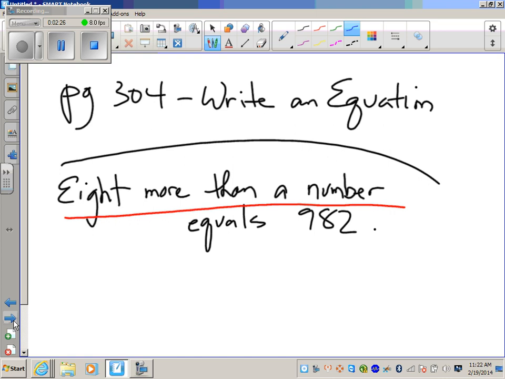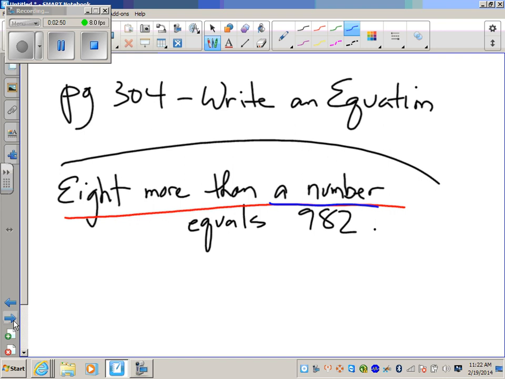In order to know I have more than, I need to know what the original amount is first. Give me a variable. Does it say anything special? It says to use x to represent the variable. So, am I going to use 8 plus x or x plus 8 to show 8 more than a number?